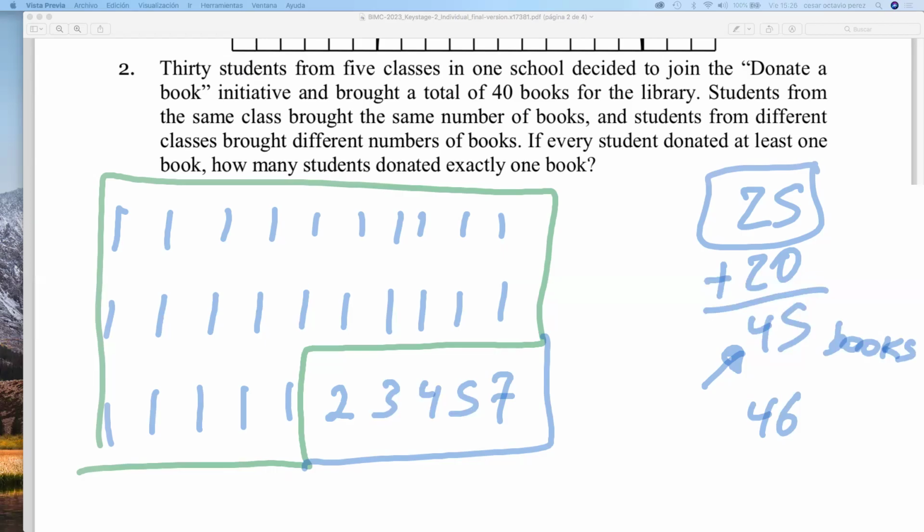We need to use less than 45, so I need to use numbers smaller than this. You say there are 25 students with one book, but the minimum I can get, if 25 students have one book, is 45. We cannot use, for example, 2, 2, 2, 2, 2.